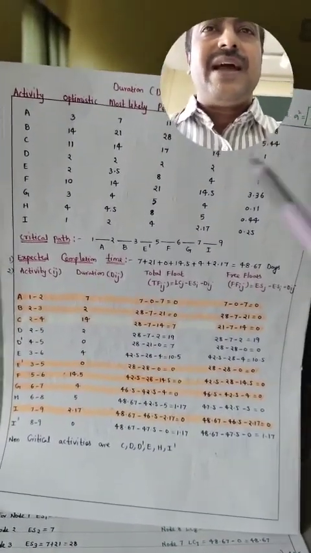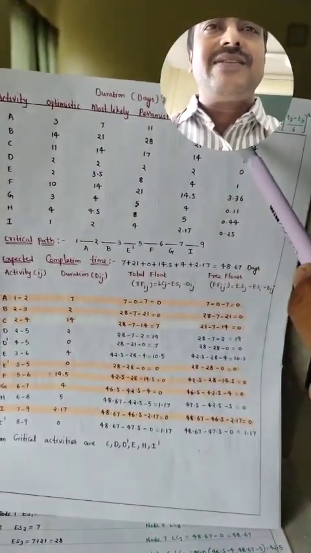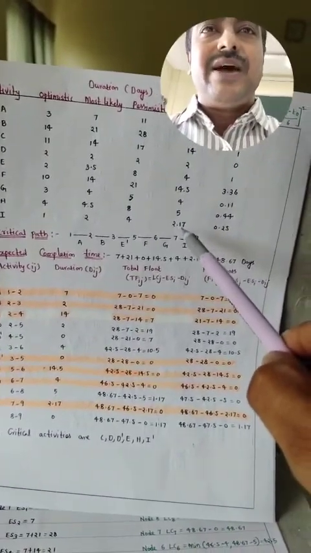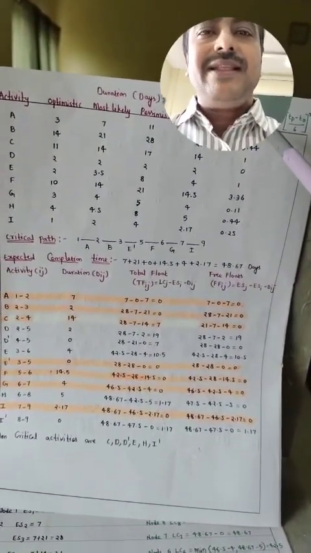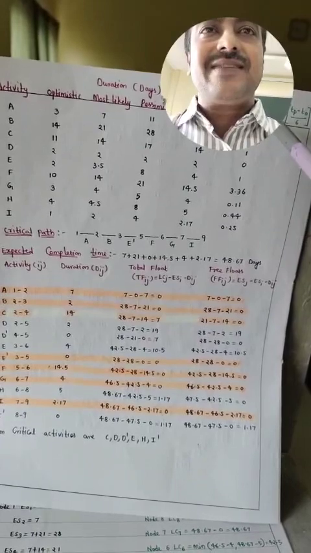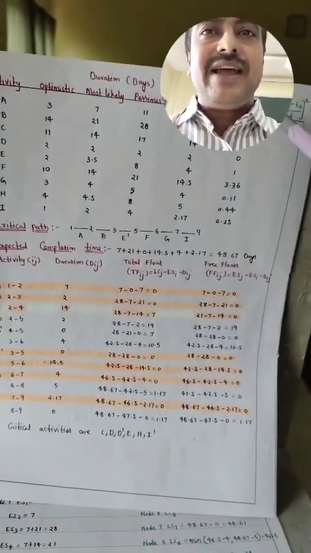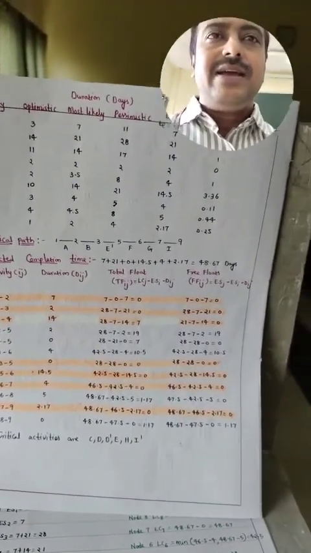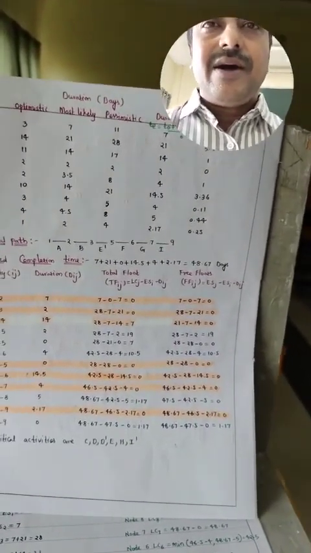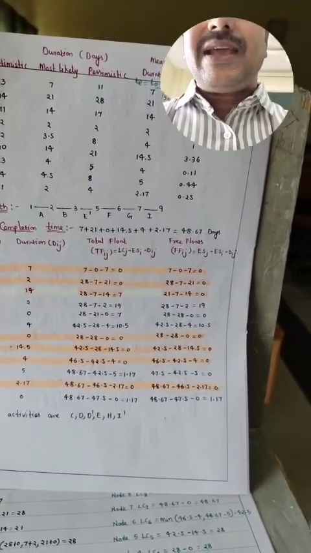Using this formula I am getting these values. After getting this, I will be calculating the variance. For calculating the variance, I am taking (Tp minus T0) by 6 whole square, and I will be getting these values. And now let me take the critical path.